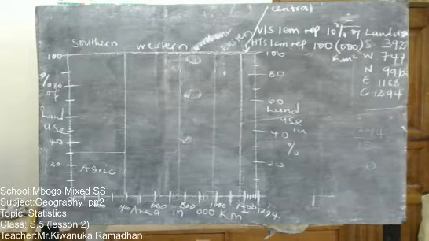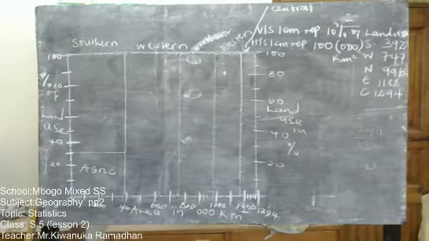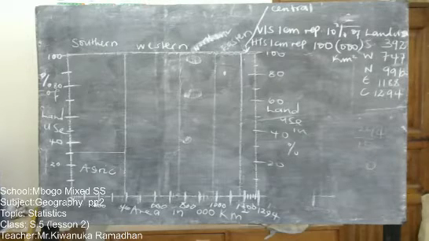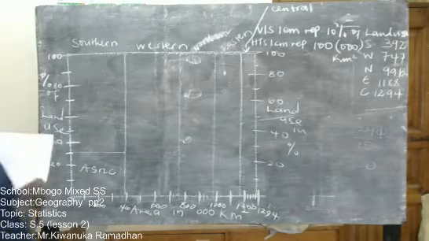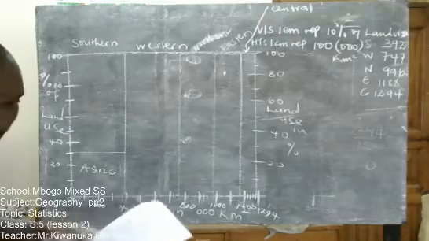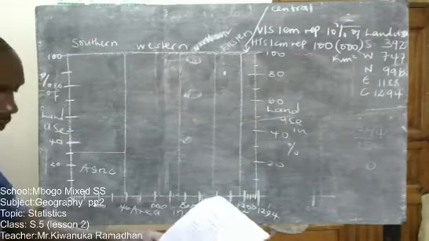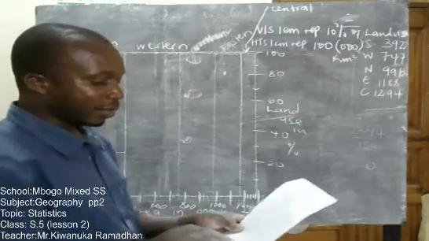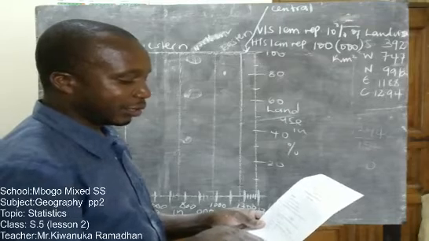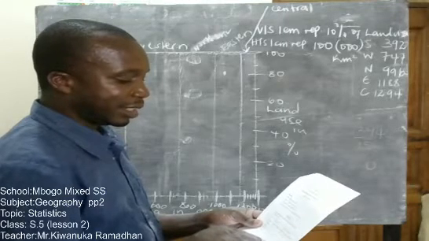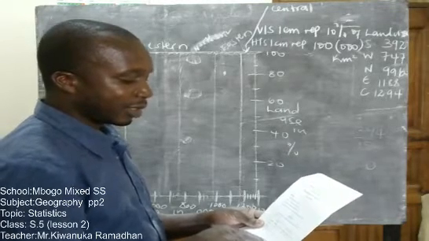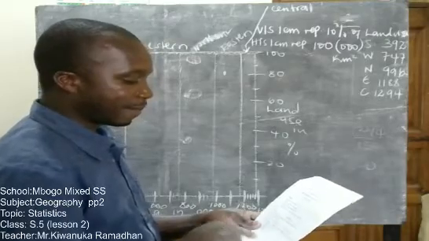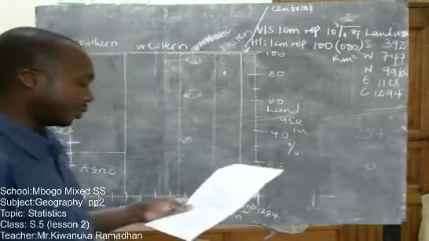Here I have written agriculture. Then southern, you add, from the question that you have, 30 plus 63, that is 93.